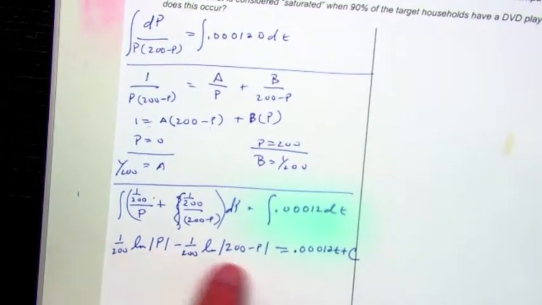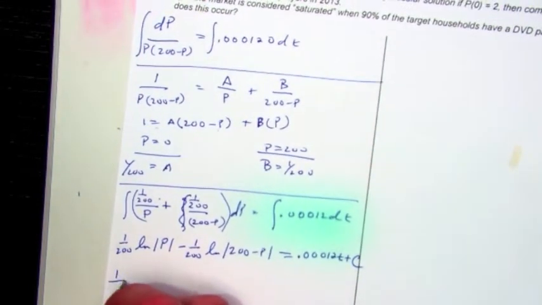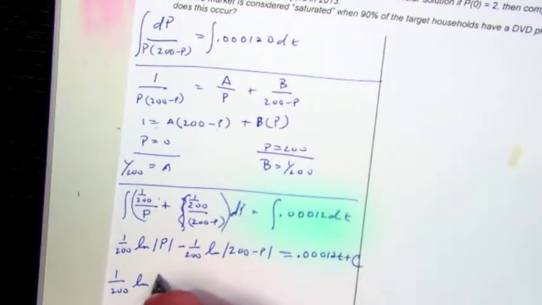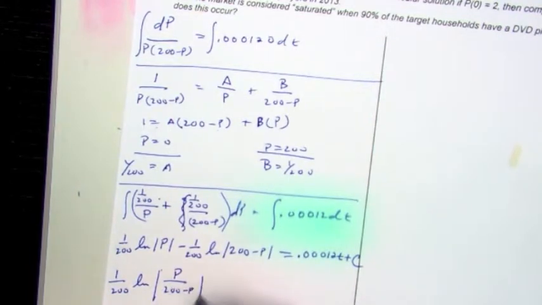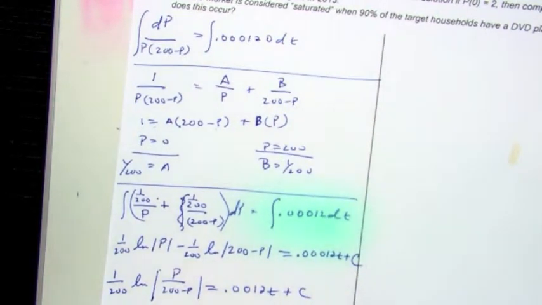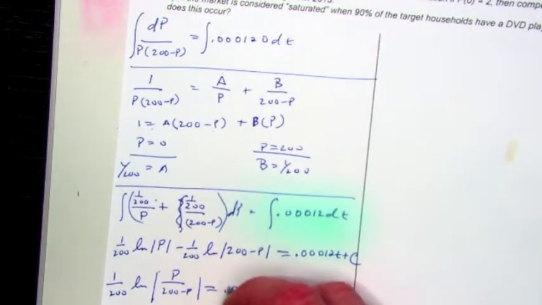Okay, so now we've got to combine these. So I get 1 over 200 natural log of the absolute value of P over 200 minus P, equals 0.00012 t plus C.